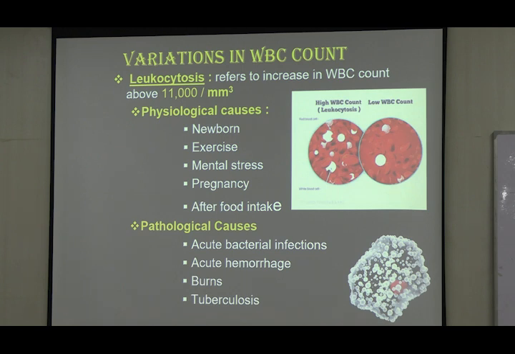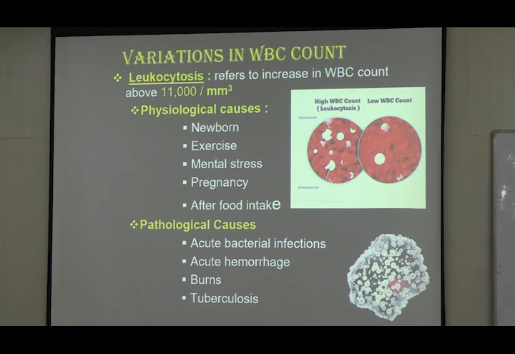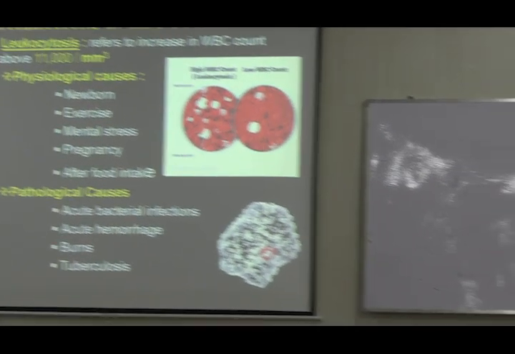Penia means reduced, and pan means whole. All the blood cells will be reduced. If there is any disorder in the bone marrow, production of all varieties of WBC will be reduced, and the term is pancytopenia.